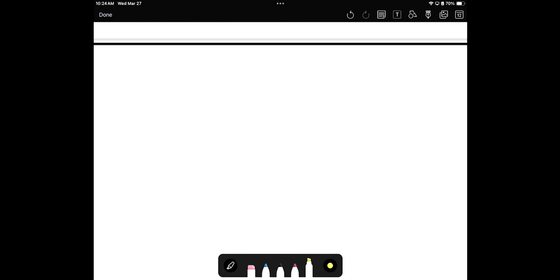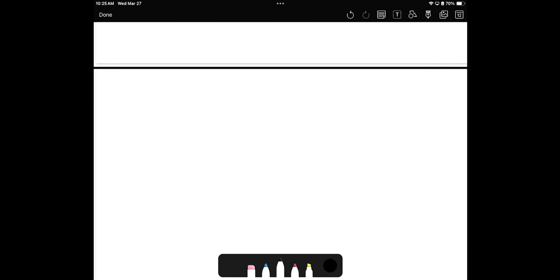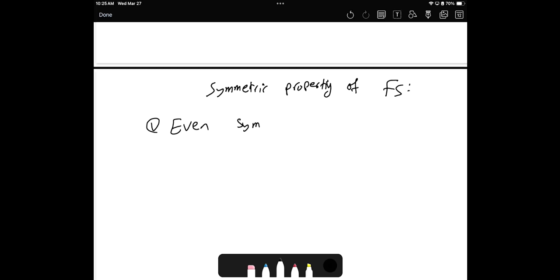Okay, now let's keep going with the Fourier series, but there is a property that is called symmetry. Symmetry property of Fourier series. We know there is something called even symmetry, and there is something called odd symmetry.